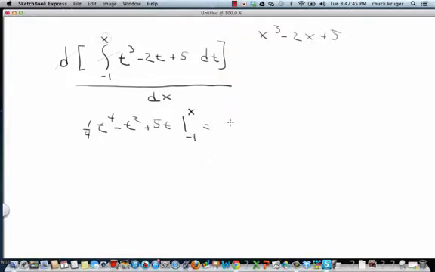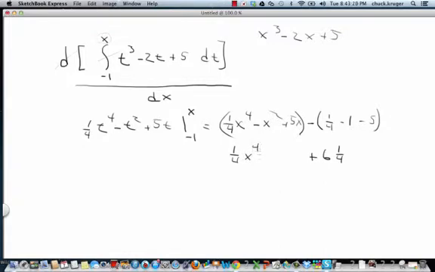I get 1/4 x to the 4th minus x squared plus 5x, minus some constant: 1/4 minus 1 minus 5, which gives negative 6 3/4, so it's plus 6 3/4. In here I have 1/4 x to the 4th minus x squared plus 5x.